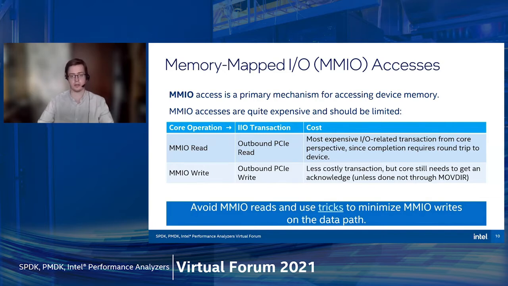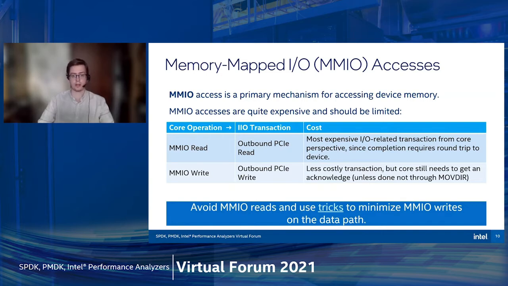So it is recommended to avoid MMIO reads on the hot path when the bulk data movement is done in your application. Otherwise, the throughput might be significantly limited due to these long latency reads.